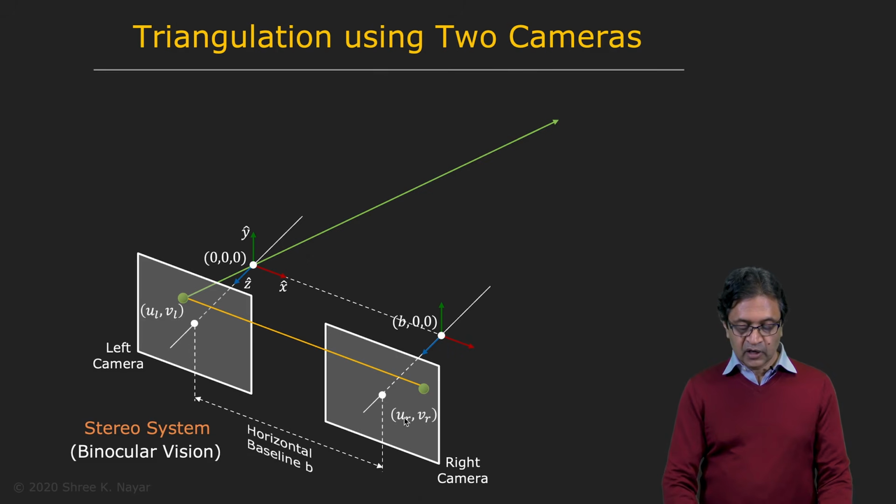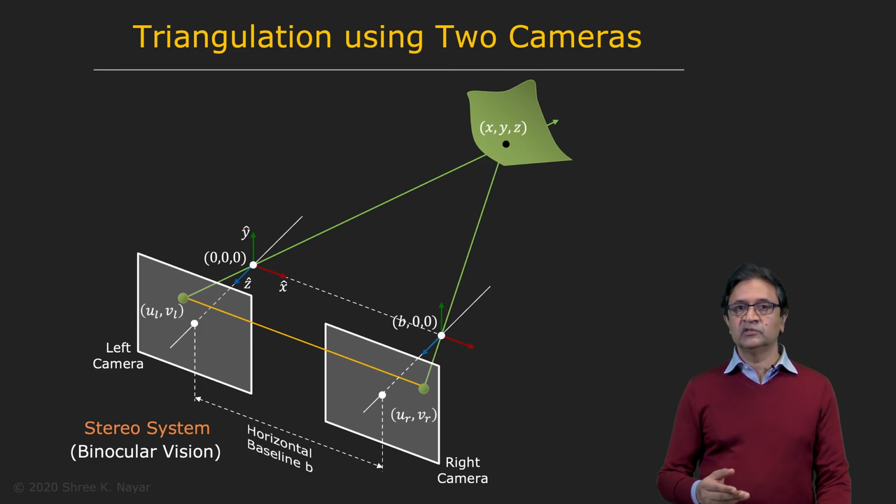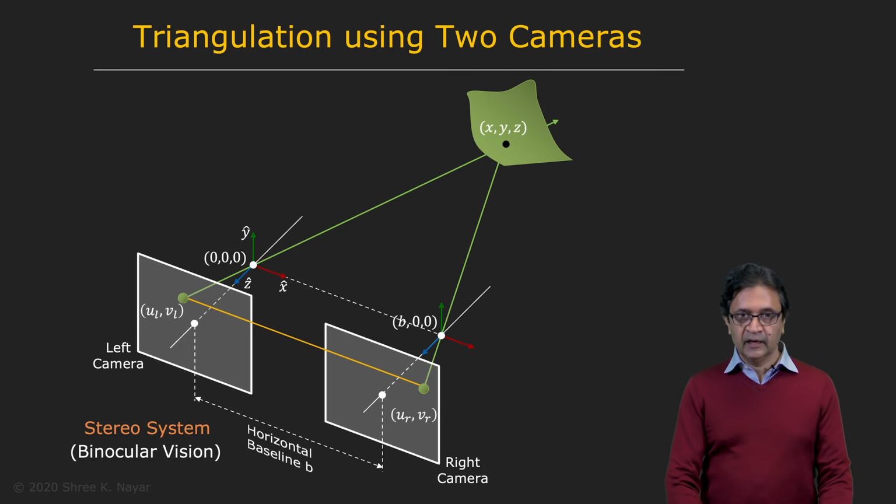That is UR, VR. Now you can shoot out another outgoing ray from the right camera, and wherever those two rays intersect is where the scene point lies, the physical point corresponding to these two image points. So that's the idea behind simple stereo. It's the idea of triangulation.